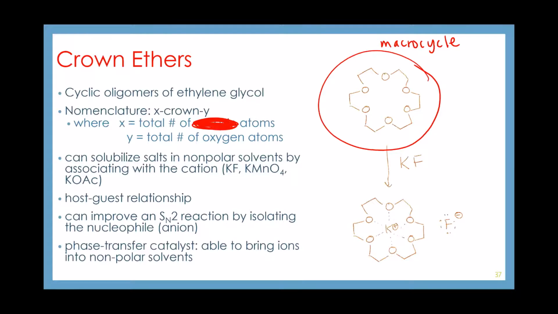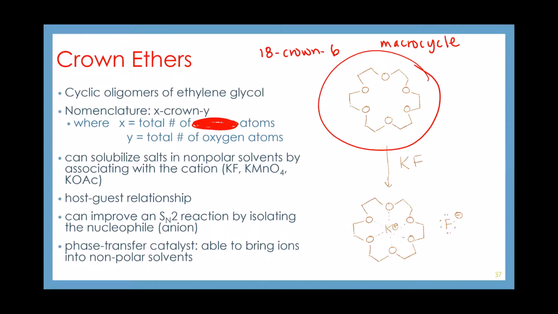It's the total number of atoms because this would be 18 crown 6. Sorry, I knew the name, I had it in my head, and then you said 12 crown 6, and I was like, that's what the slide says, but that's not correct. It's the total number of atoms, period.